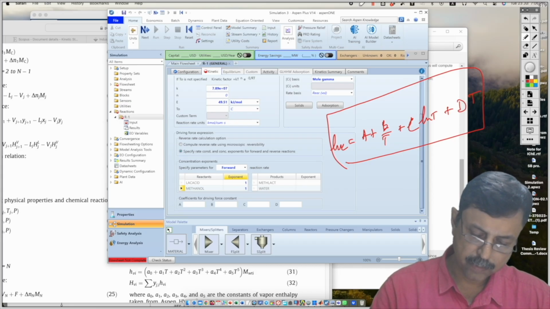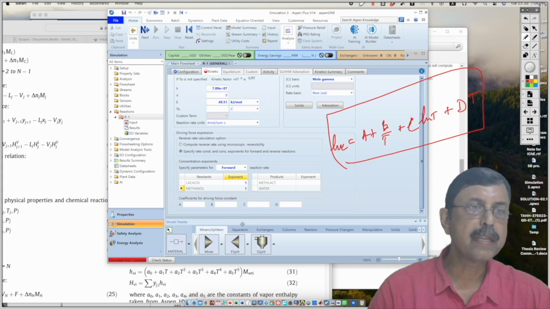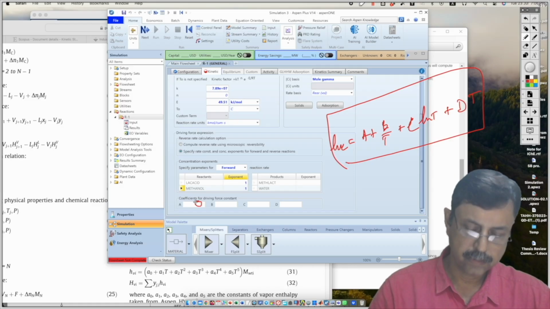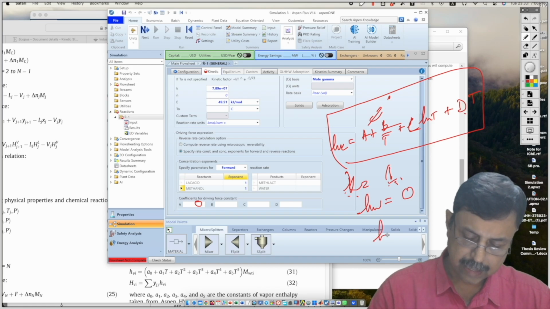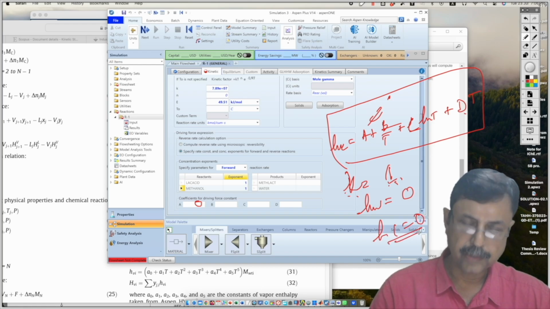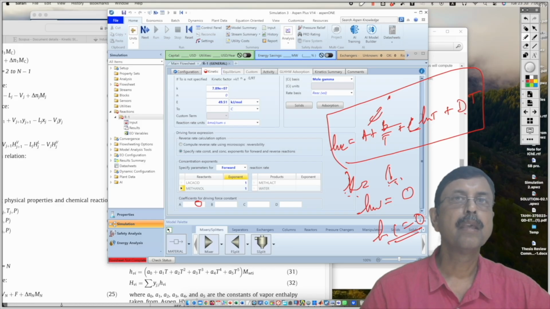We have to provide some value over here for which your K becomes 1. Because if B is equal to 0, C is equal to 0, D is equal to 0, and K is equal to 1, then ln 1 is equal to 0, right?